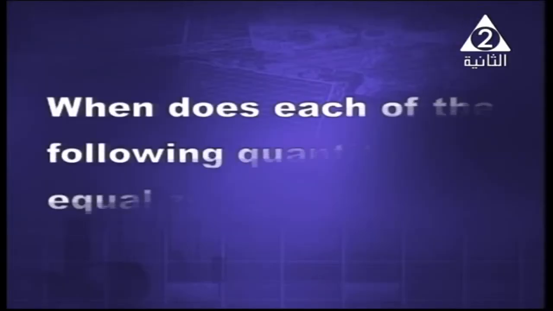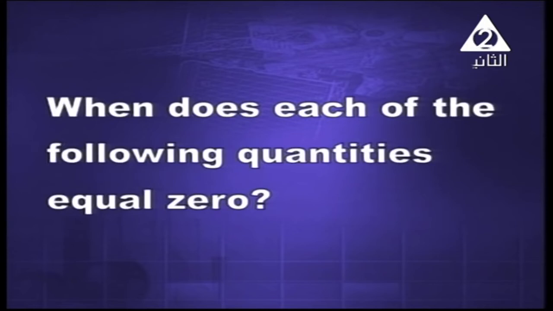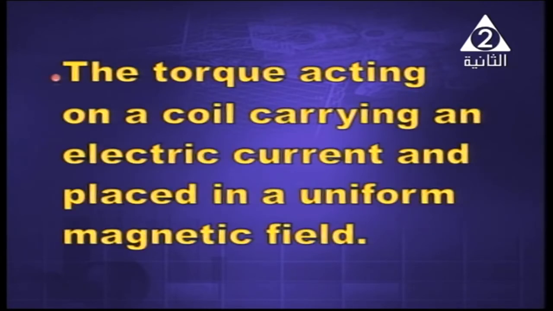Another type of questions: when does each of the following quantities equal 0? We want you to tell when the mentioned quantity will be equal to 0. When does the torque acting on a coil carrying an electric current and placed in a uniform magnetic field equal 0?